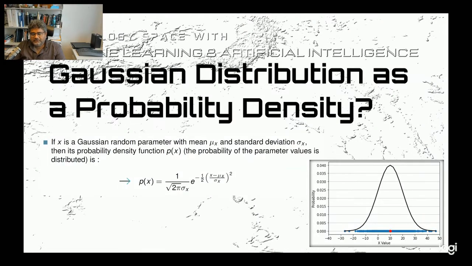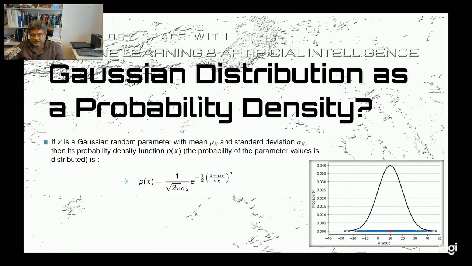So since we have defined the Gaussian distribution and also the conditions that these data sets should satisfy to be a Gaussian, let's introduce the mathematical formula for a Gaussian distribution as a probability density function. These Gaussian distributions as probability density functions are often defined with respect to the mean and the standard deviation. The mean is represented by mu x and the standard deviation is represented by sigma x.